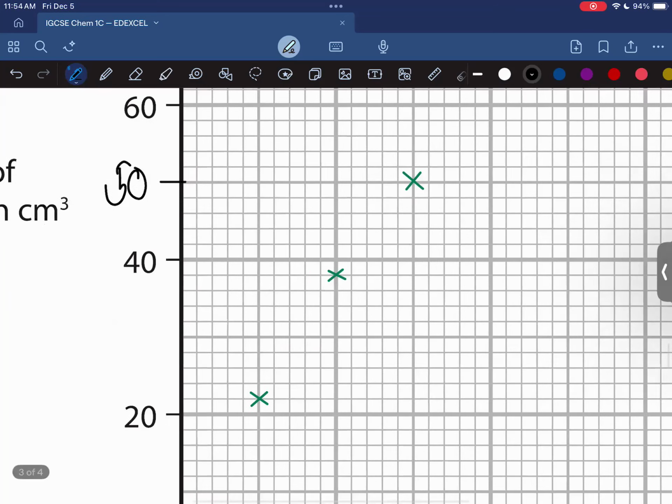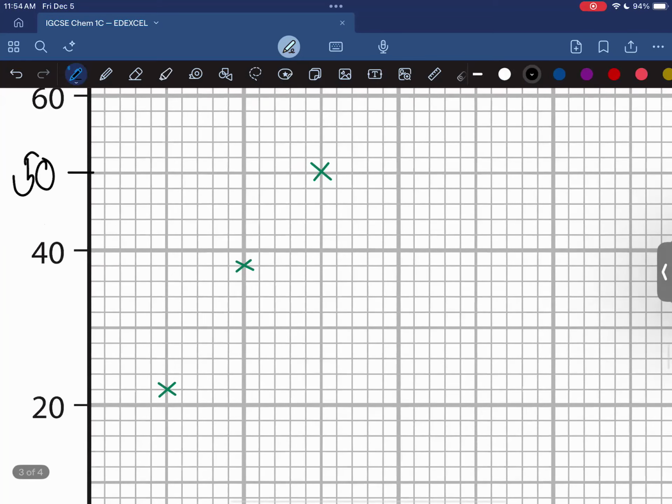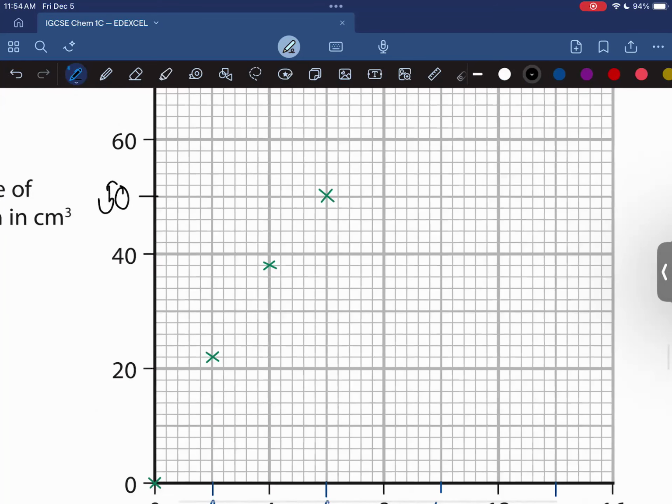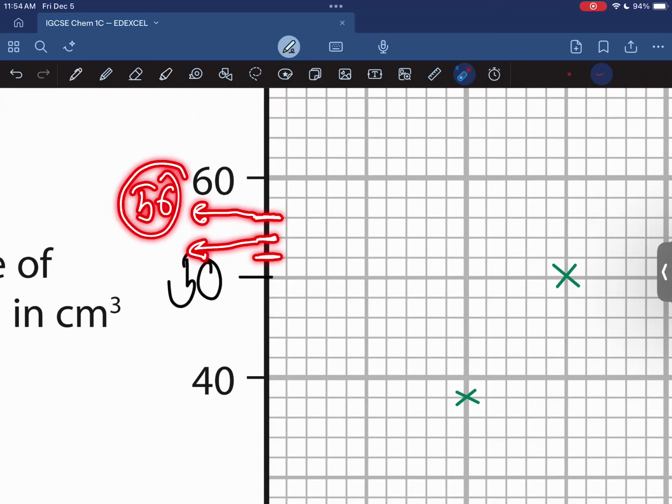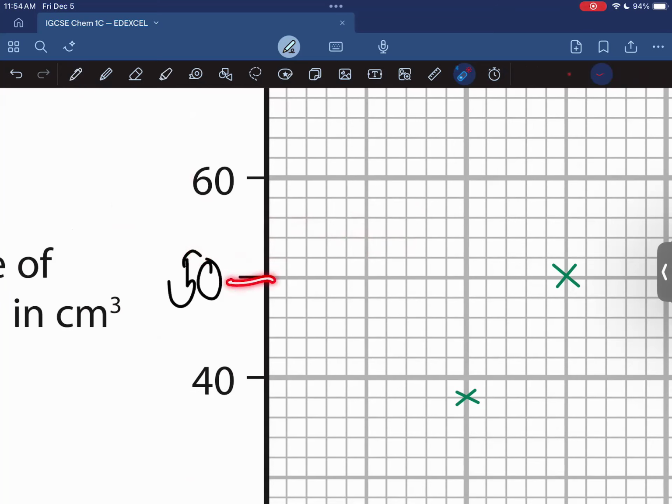So where is 55? This is 50, 52, 54, 56. So 55 would be lying in the middle of these two, 54 and 56.